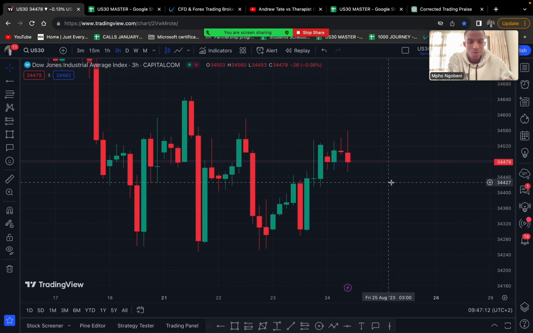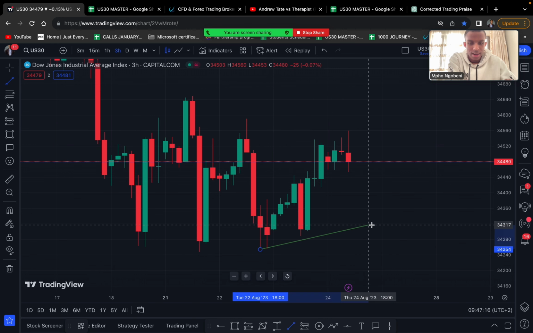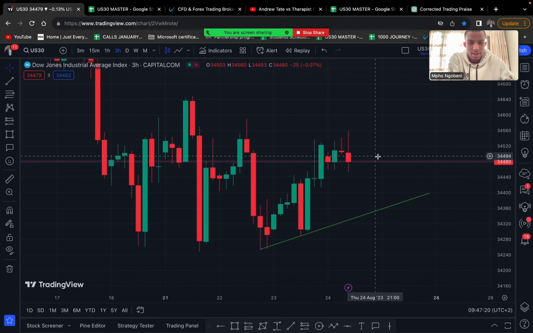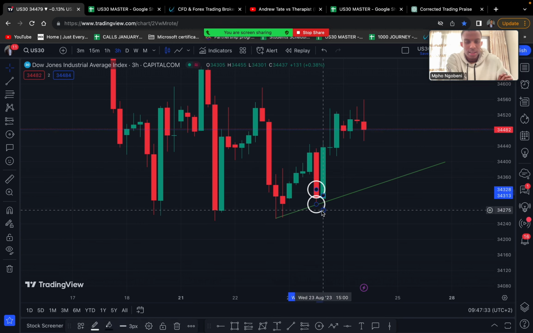So checking our trend lines, I see a beautiful trend line that's been happening right at that area there. As much as you draw the trend line, it's very important to also note the times that trend line was rejected.